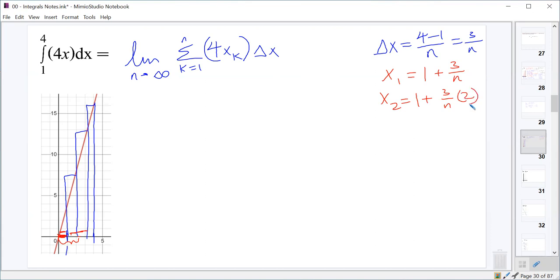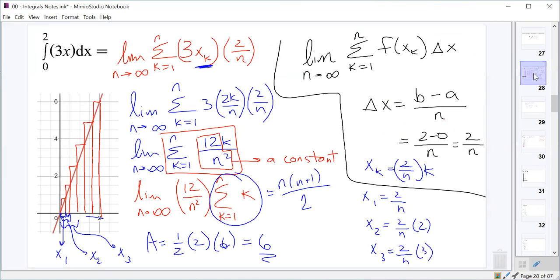And we could see that x sub 3 is going to be that same 1 that we had to go over to begin with, plus 3 over n times 3. x sub k then ought to be 1, our a value, plus 3 over n times k, or 3k over n. And we're going to note that this is slightly different than the first problem, where x sub k was just 2k over n. We didn't have to add anything because our integral was starting at 0.